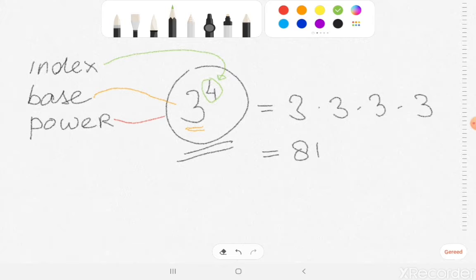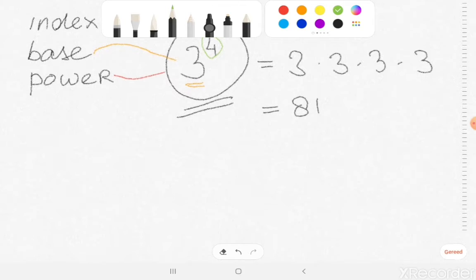If we need to calculate with powers, I would like to do a few examples with you, for example, exercise 32. You need to think always about the order of operations. So we already know that if we talk about order of operations, first we need to do the brackets. Step number 2, we need to use the powers or the square roots.